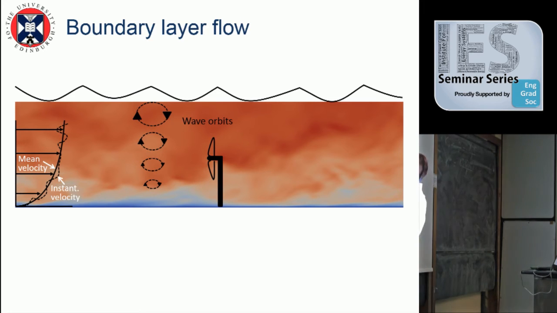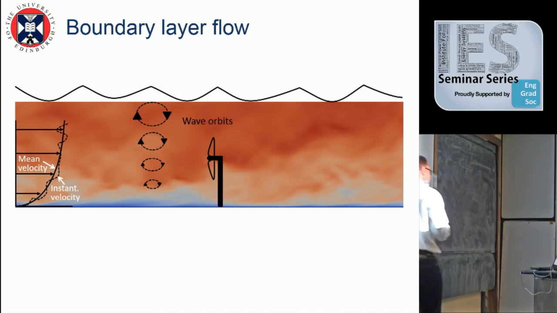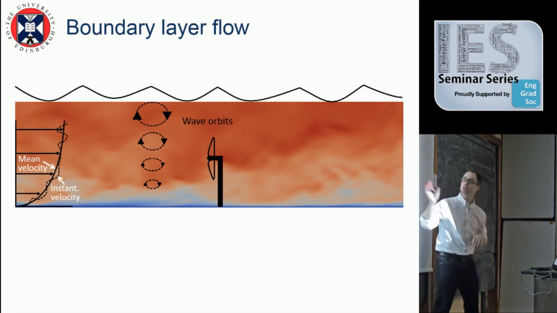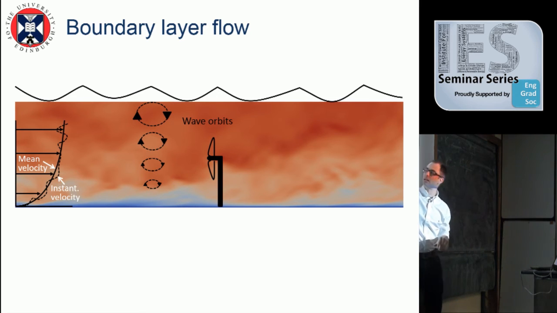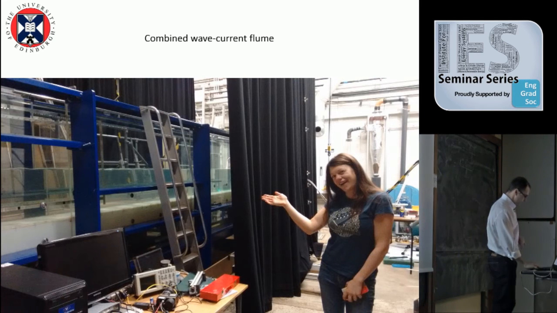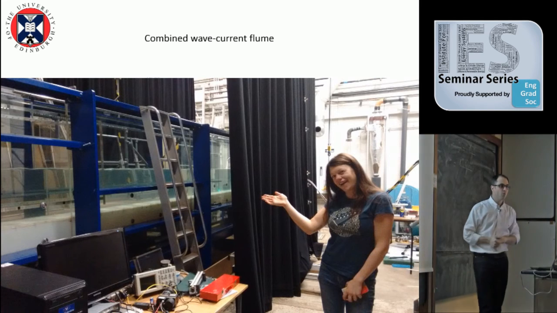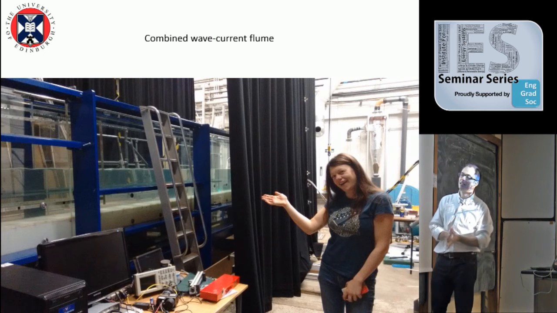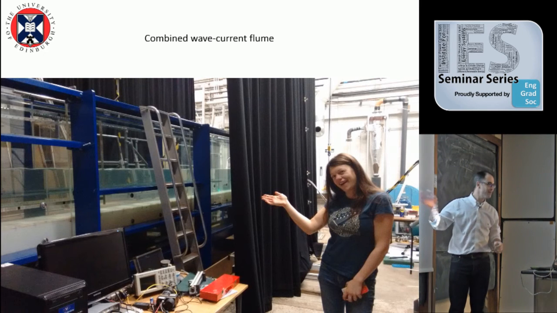So if the wave is moving in this direction, the flow here will be accelerated that way, but when you are under the trough, it will go backwards. So basically we are introducing inside this boundary layer an infinite number of vortices, which decrease in intensity towards the seabed.